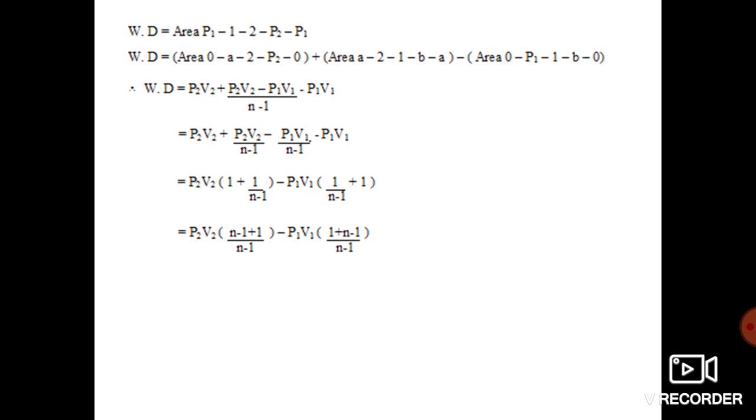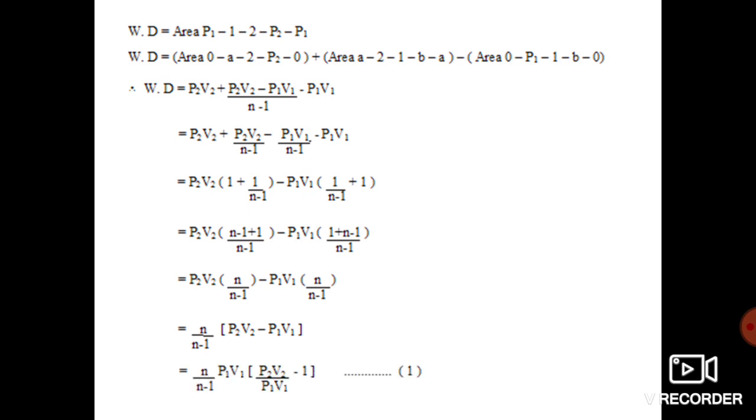Cancelling the common terms, we get P2V2 bracket n upon n minus 1 minus P1V1 bracket n upon n minus 1. From this term we take n upon n minus 1 as common. So what is remaining is n upon n minus 1 bracket P2V2 minus P1V1.